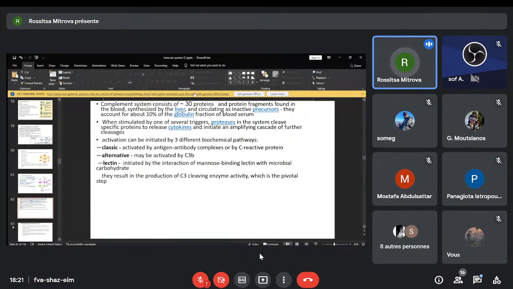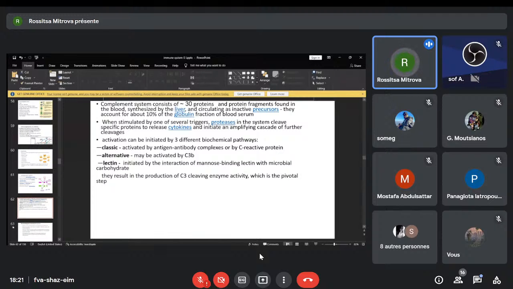It consists of about 30 proteins and protein fragments found in the blood, or they are synthesized by the liver.